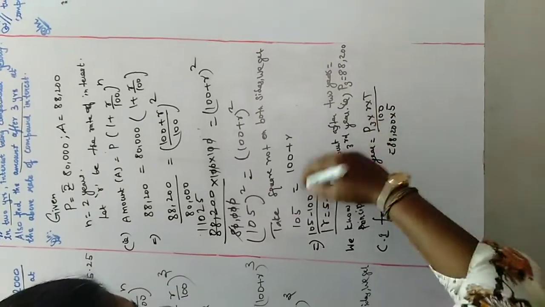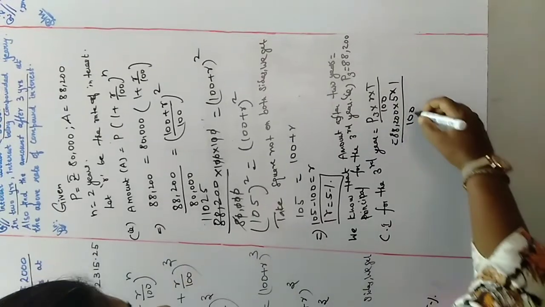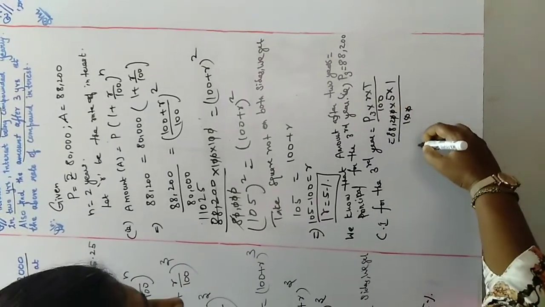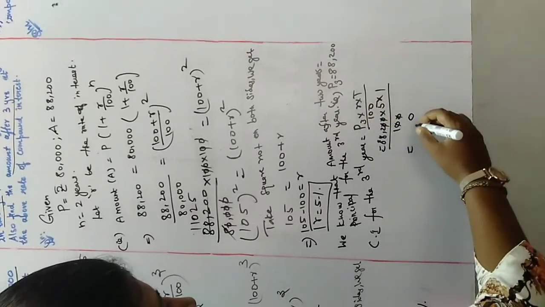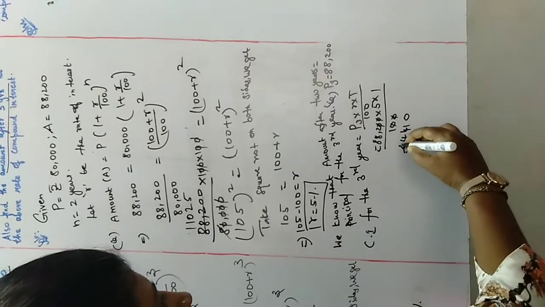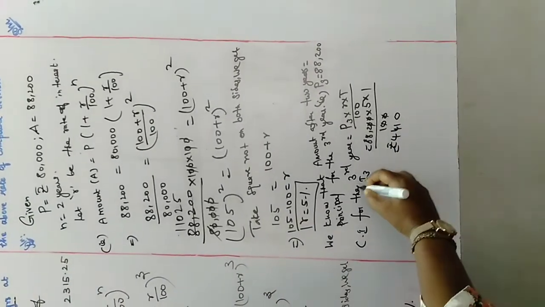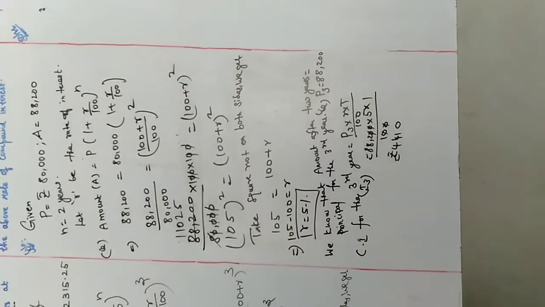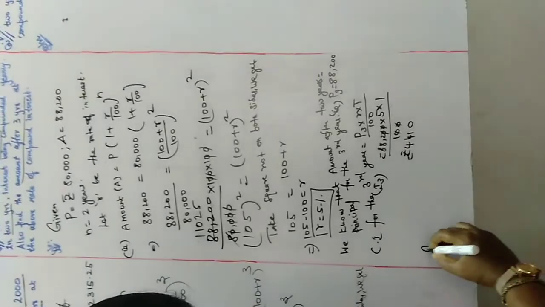Here R is 5, which we have found, and the time period is 1 year only, as we are calculating for each year now. So after doing all these calculations, multiply: 5 2s are 10, balance 1, 40, 41, 1, balance 4, 40, 44. So this is the interest, that is I3. This is the interest 4,410. So we are supposed to find the amount after 3 years.